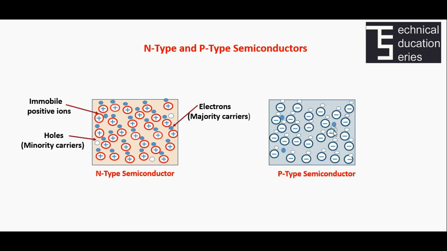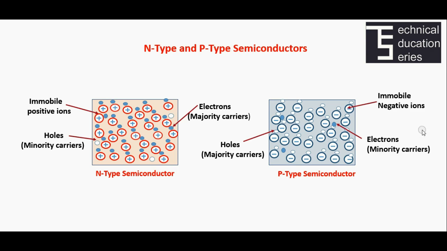In the case of P-type semiconductor, it's a semiconductor doped with a trivalent impurity atom, consisting of holes being the majority carriers and an equal number of immobile negative ions created as a result of accepting electrons during the time of doping, and a few thermally generated electrons being the minority carriers.